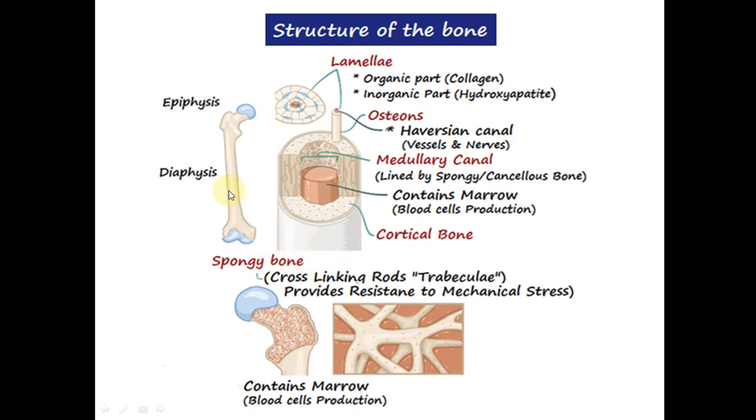We know that we divide a long bone like the femur into different portions. The epiphysis, and this region is the metaphysis, which contains the growth plates of the bone.